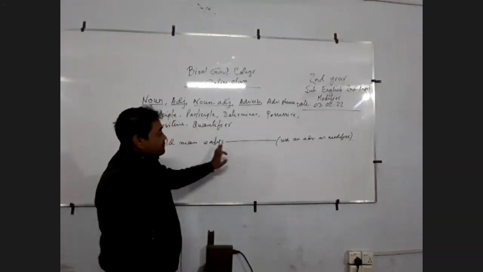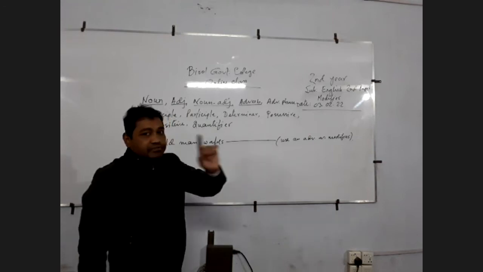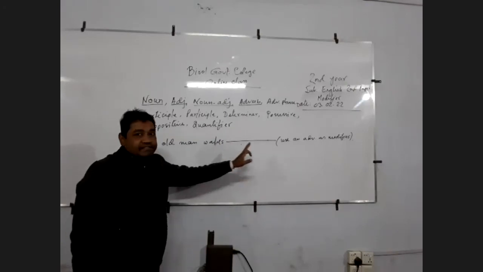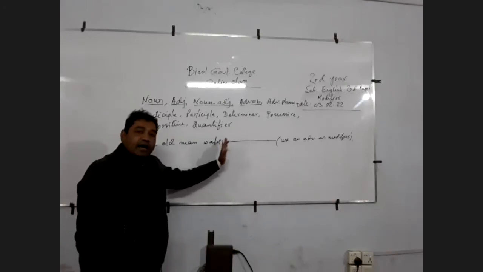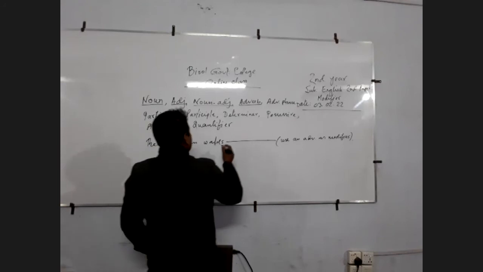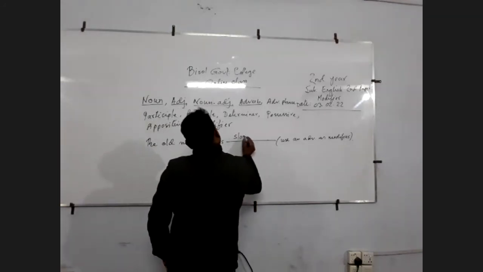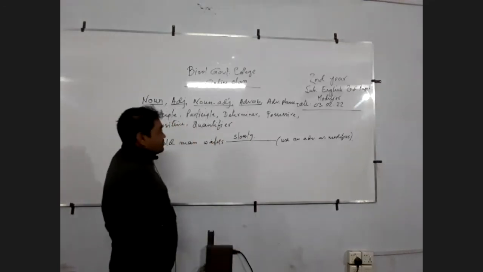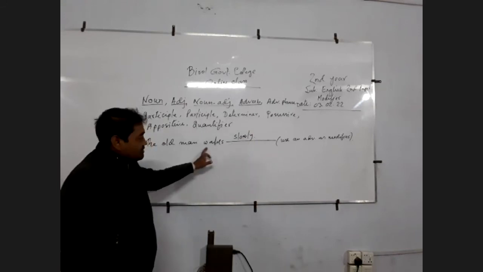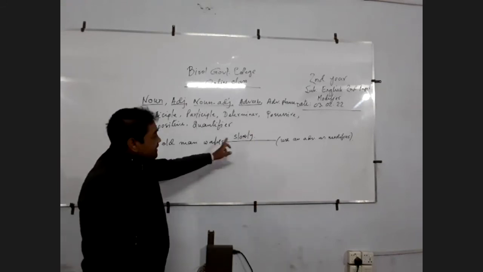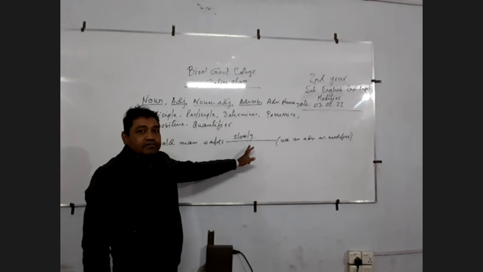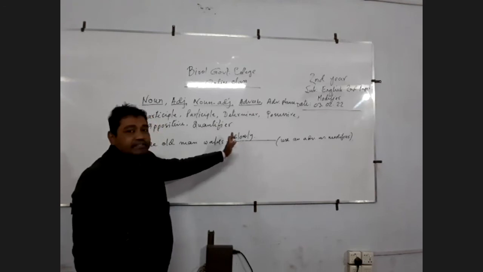So you have to use an adverb here to modify the word walks. As this modifier has been used after the verb, it is called post modifier. So the old man walks slowly. Slowly, an adverb, has modified the word walks, and it has been used after the word walks. So it is called a post modifier.